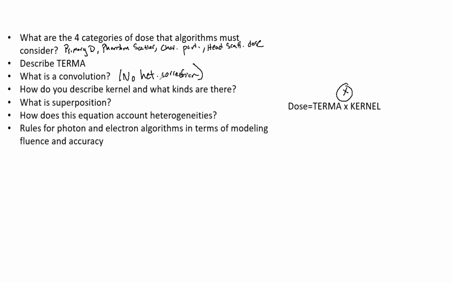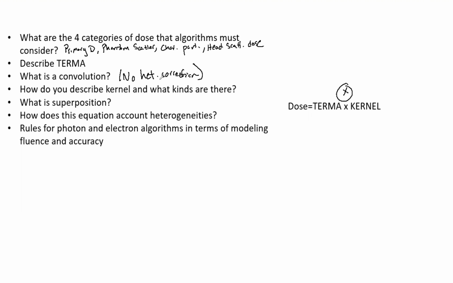So what is superposition now? We know what convolution is. A superposition is similar to convolution, but it uses density to scale the kernel prior to convolution, and therefore we can account for heterogeneities inside a model. This means that it is spatially dependent and patient dependent. That is important because, again, with convolution there's no heterogeneity correction.